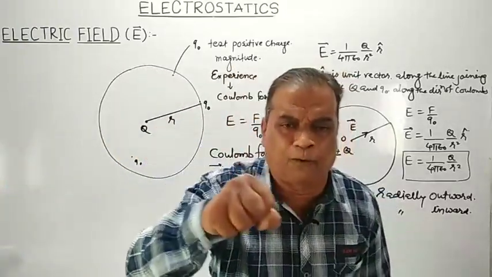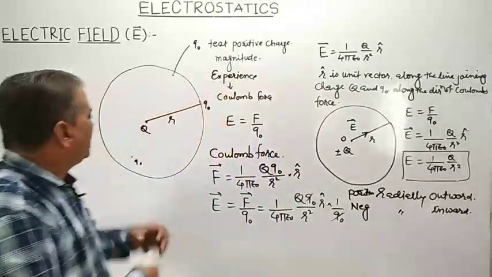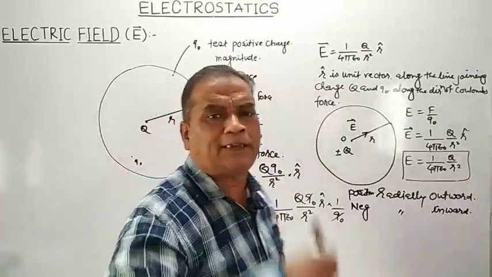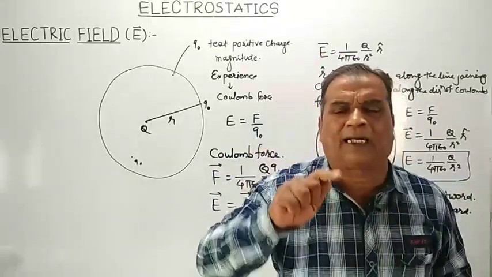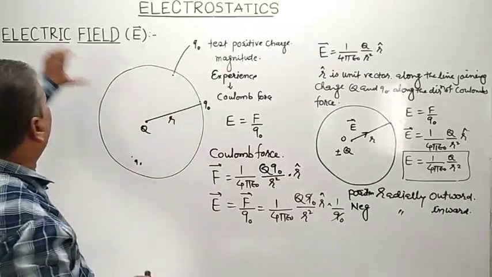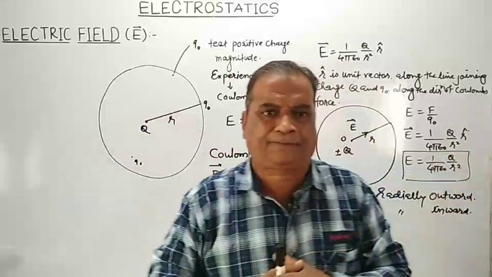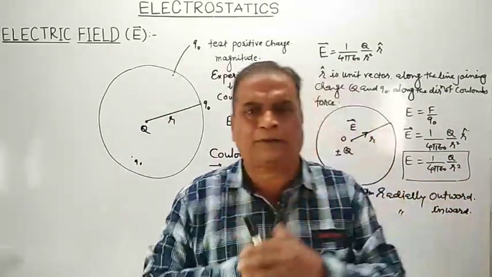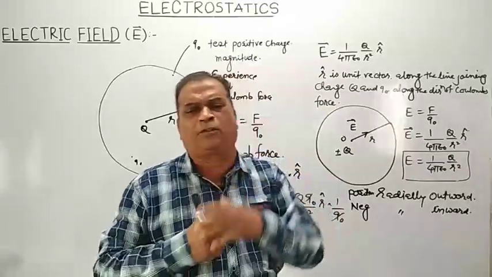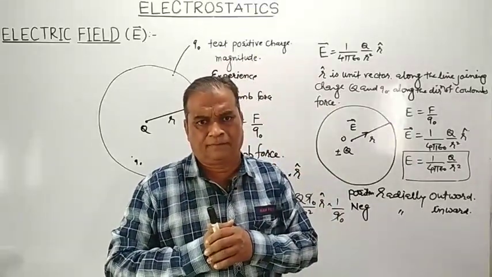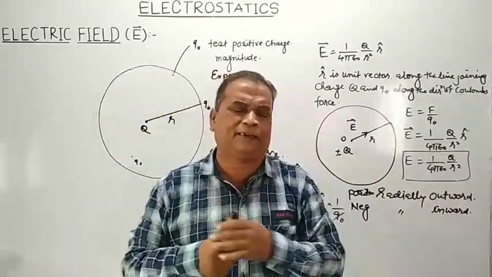Force, Coulombian force experienced by a test positive charge in presence of a given charge at a given distance is called electric field. What is electric field? Electric field is the Coulomb force experienced by a test positive charge in presence of a given charge at a given distance.